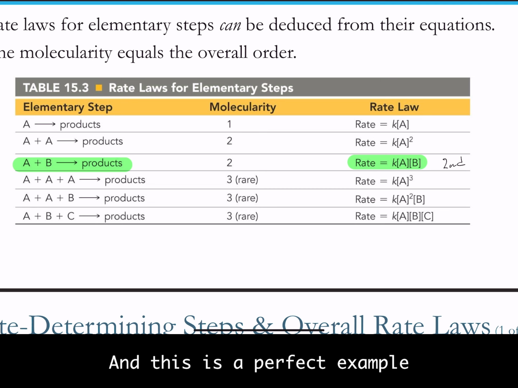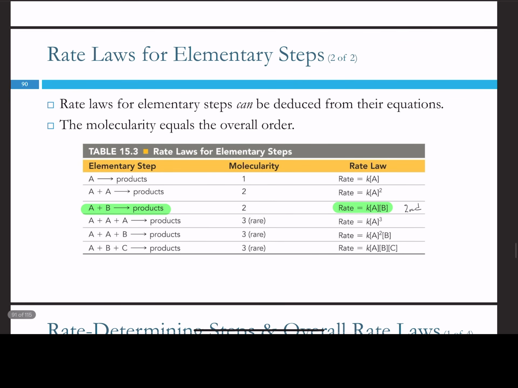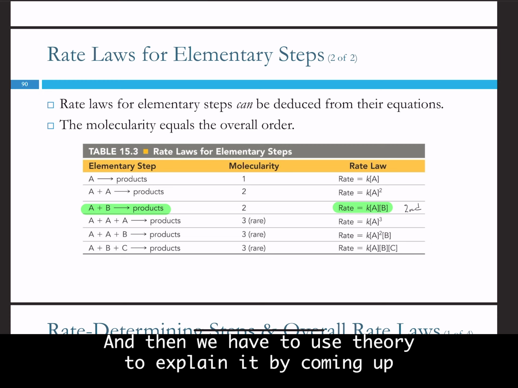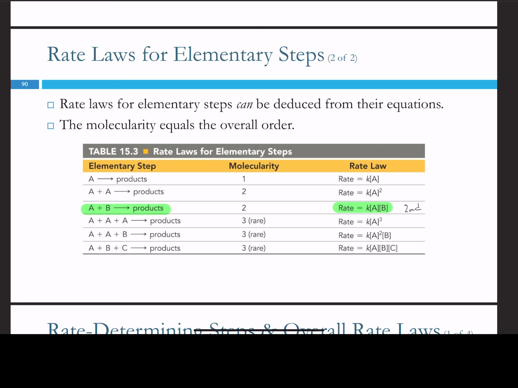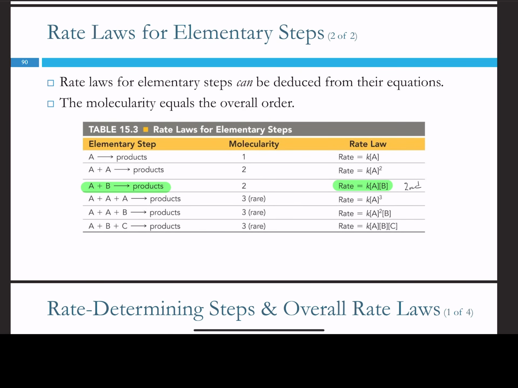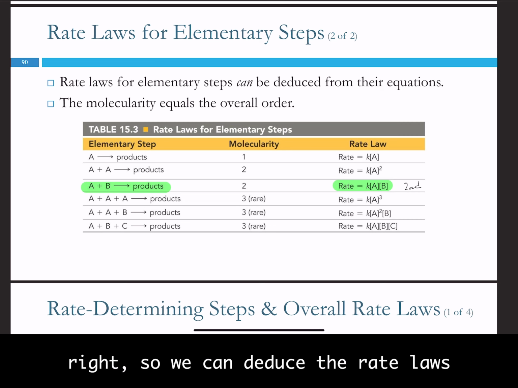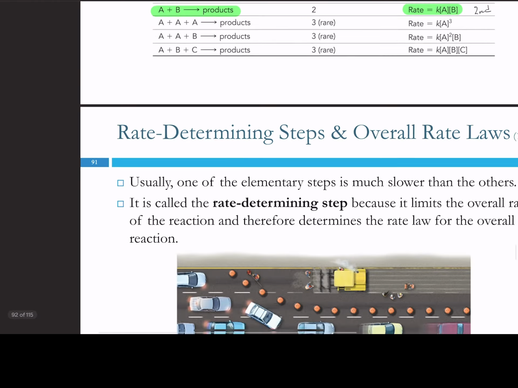And this is a perfect example, because we do an experiment that determines a rate law, and then we have to use theory to explain it by coming up with these intermediate steps that will add up to that rate law and match the reality that we observe. It's a fun puzzle. Okay, so we can deduce the rate laws for our elementary steps, for our intermediate steps.